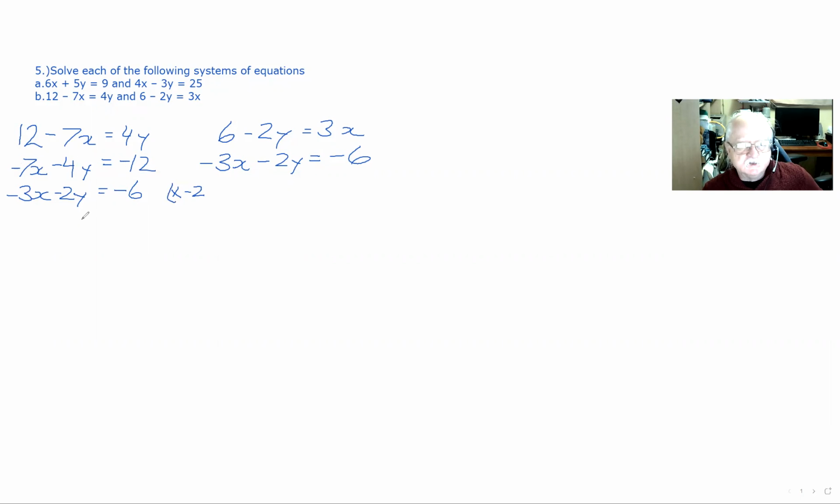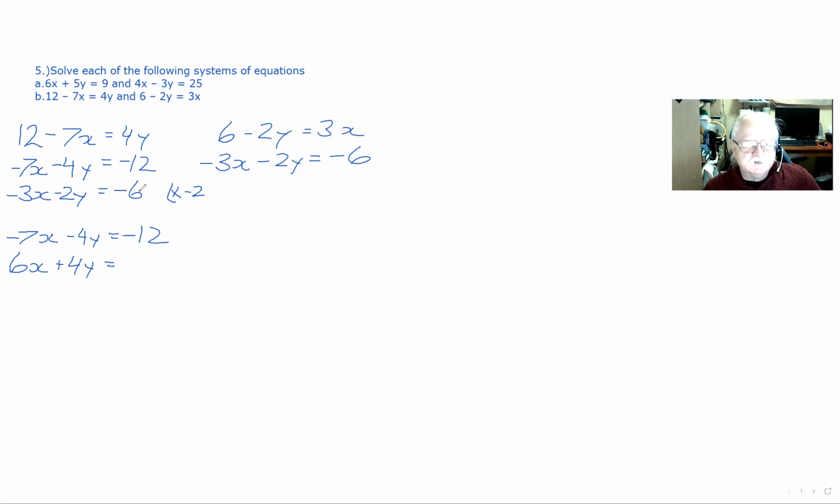The first equation can stay just as it is. Negative 7x take away 4y equals negative 12. But we're going to have to go negative 2 times negative 3. So it's a positive 6x. Negative 2 times negative 2 is a positive 4y.